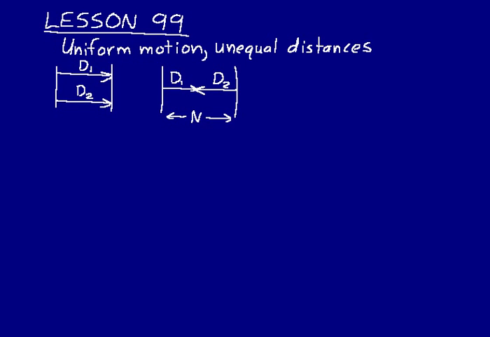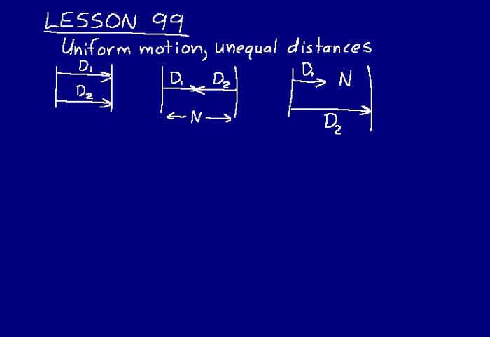And the one I just described, those distances, they may not be equal, but it's just a little bit different look to it. For example, we may have something like this, where we have d1, and then they give you the rest of this distance. They call that n, and then here's d2.